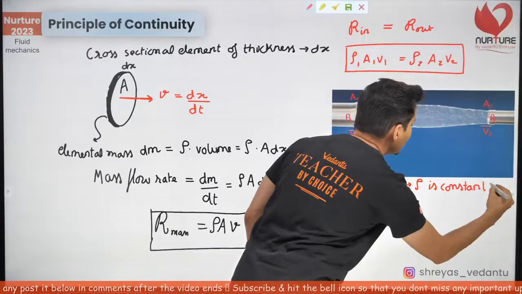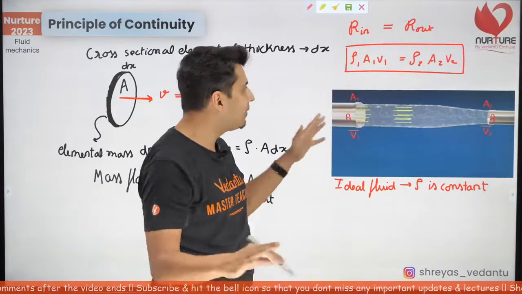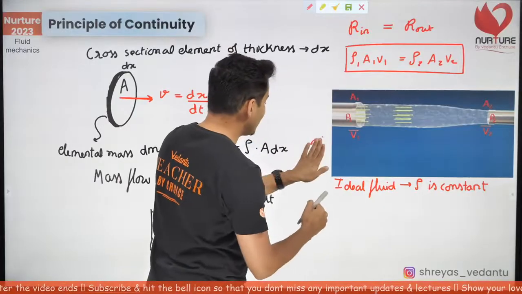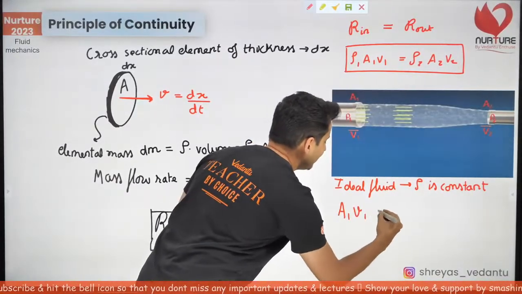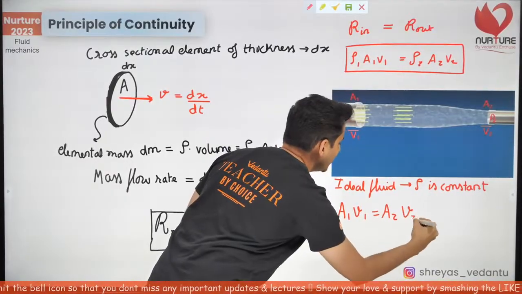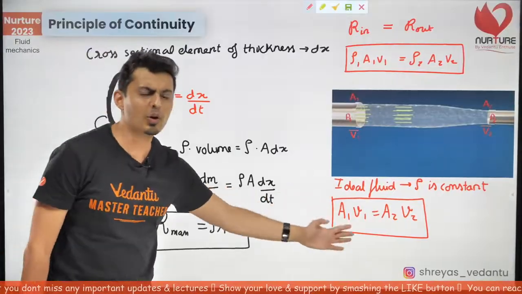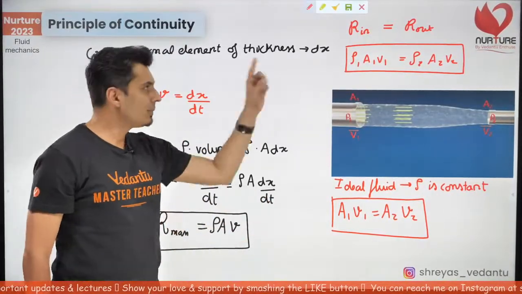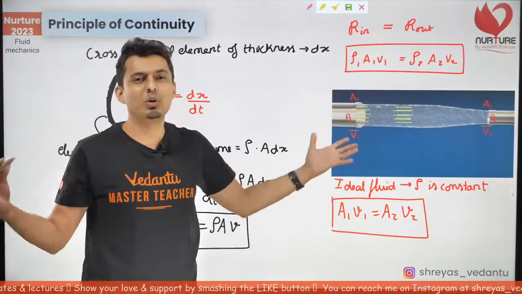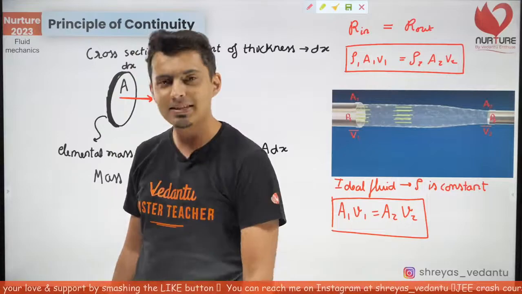If the density is constant, rho 1 and rho 2 will get cancelled. So I will be left with only A1 v1 equal to A2 v2. That's our final answer. Most often you're going to use this equation and not the other, because the densities will be equal, so no point writing it down. Is that making sense?